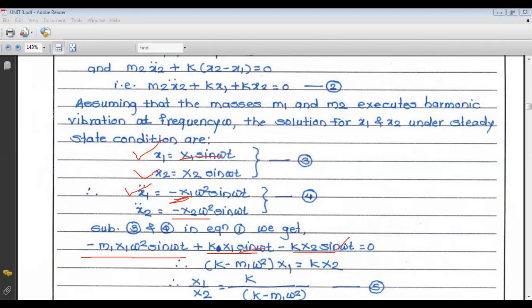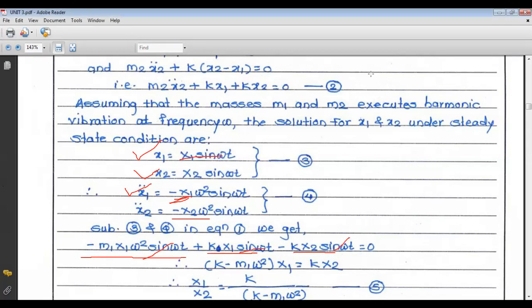Sine of omega t gets cancelled. The X1 term is common, so we take k minus m1 omega square into X1, which is equal to k X2, as minus k X2 goes to this side. So X1 upon X2 becomes k upon k minus m1 omega square.